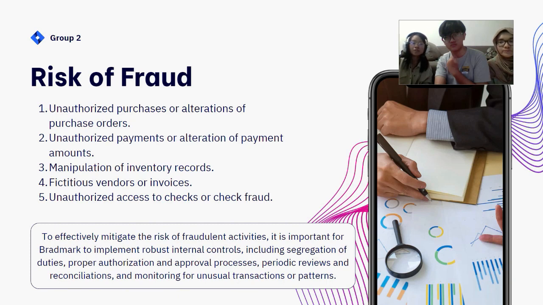To effectively mitigate the risk of fraudulent activities, it is very important for Bradmark to implement robust internal controls, including segregation of duties, proper authorization and approval processes, periodic reviews and reconciliations, and last is monitoring for unusual transactions or patterns.